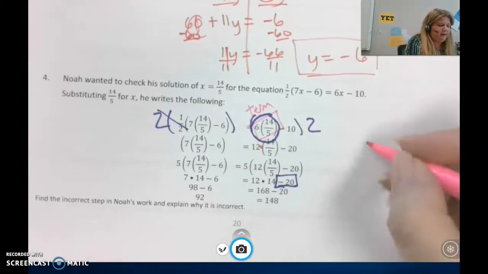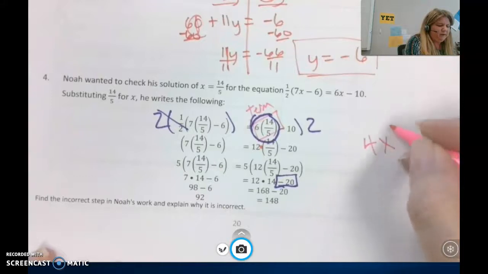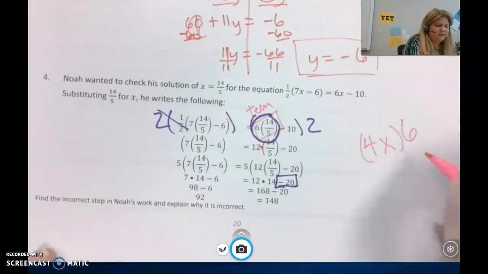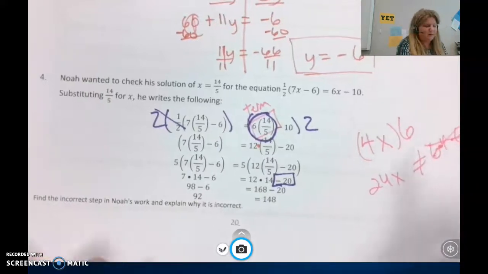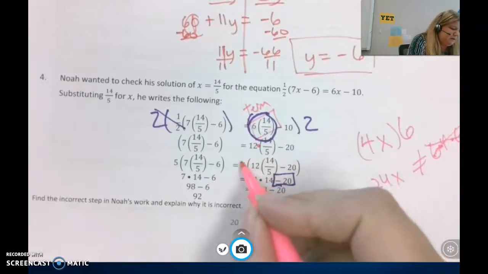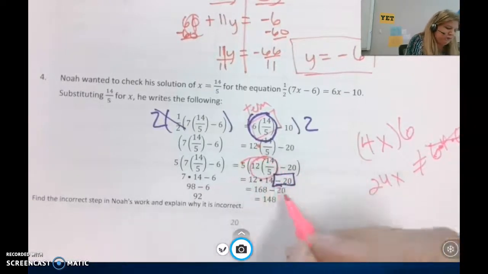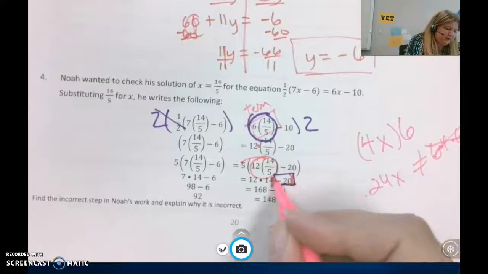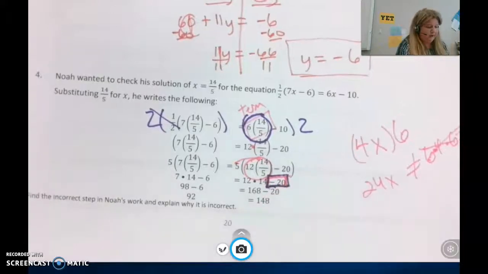It's kind of like if you had 4x times 6, you would go 6 times 4 is 24, so it would be 24x. It would not be 6 times 4 times 6 times x. So that's why we multiply the 5 by this term. So the mistake is right here, because that should be a 100 or minus 100.